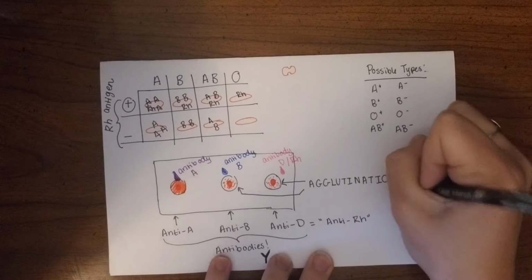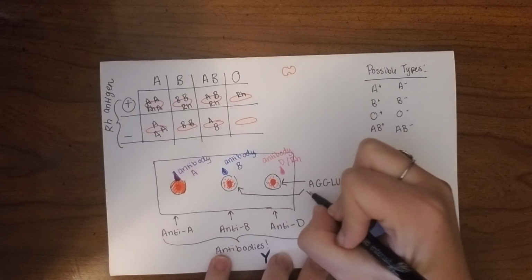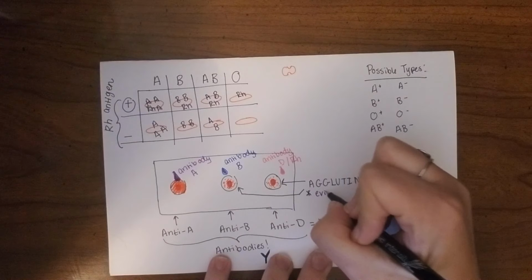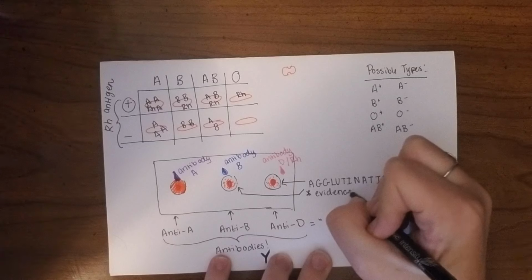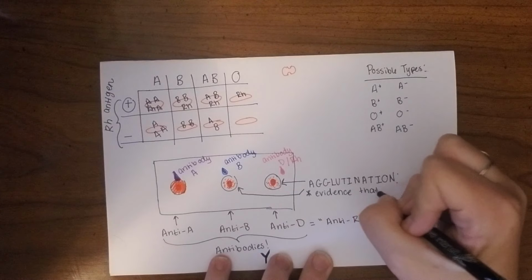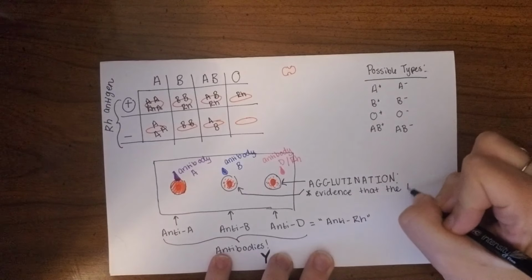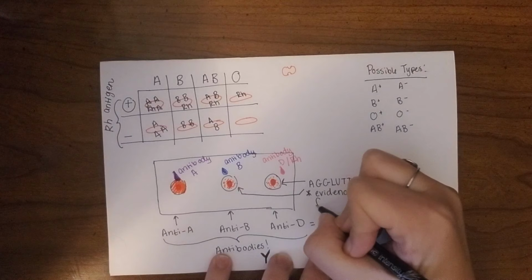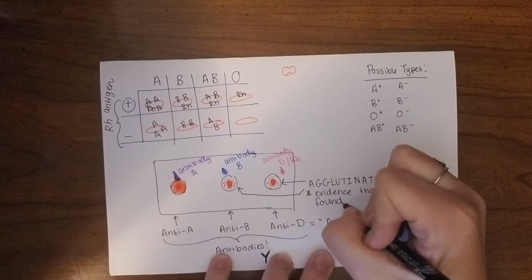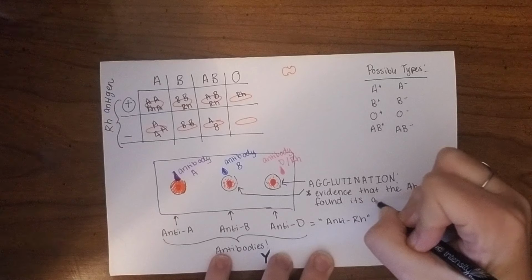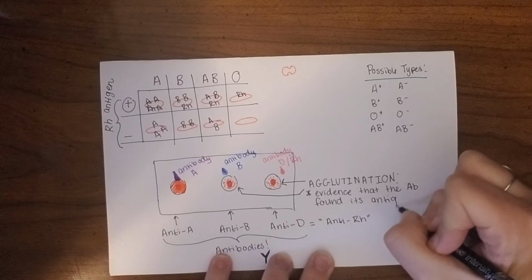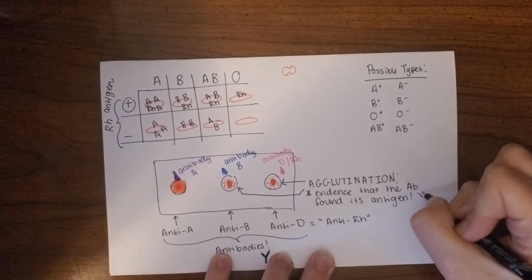And what agglutination really is, and here's the key to blood typing, is evidence that the antibody found its antigen. Okay, that is the key.